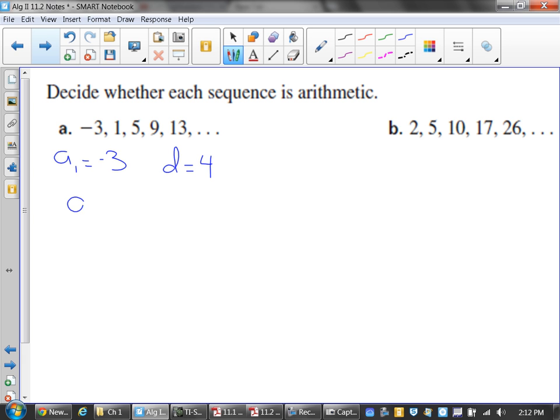I start with my generic rule, the first term plus n minus 1 times the difference, then substitute in and combine terms. My nth term will be my first term, -3, plus n minus 1 multiplied by 4.